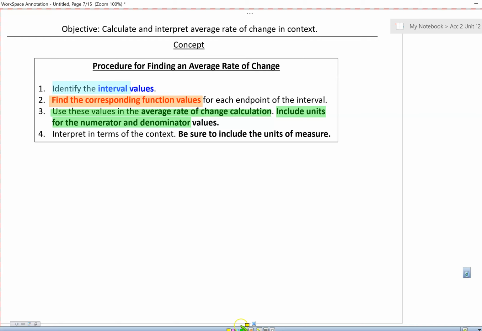Because then afterwards, given a context problem, we have to explain what that average rate of change means in terms of the context. And as I was just saying, be sure to include the units of measure. Make sure you understand that the units of measure for an average rate of change should be a rate or a ratio of units, such as feet per hour or dollars per month, something like that.